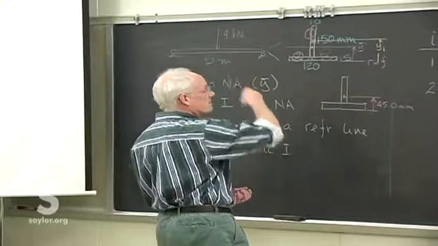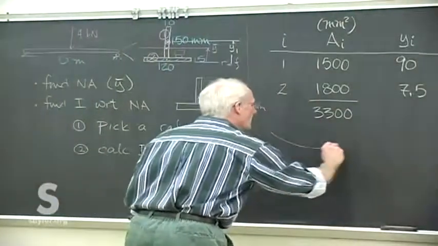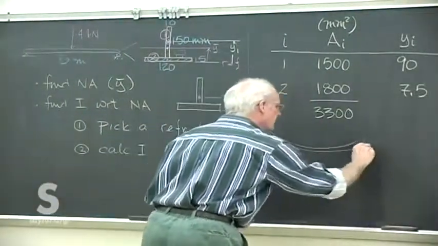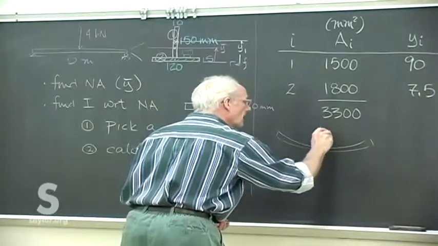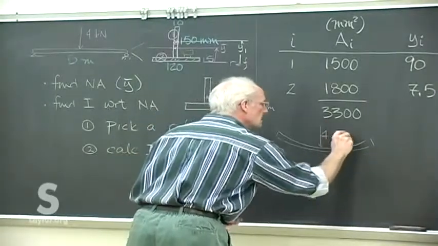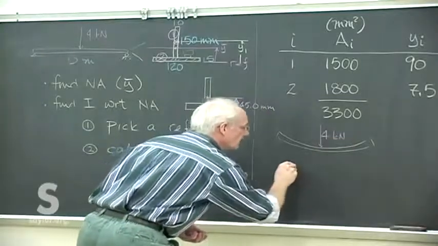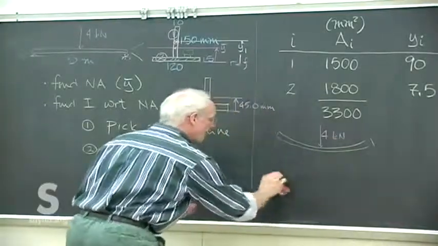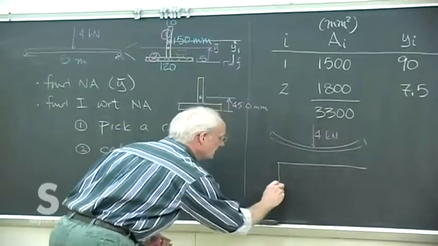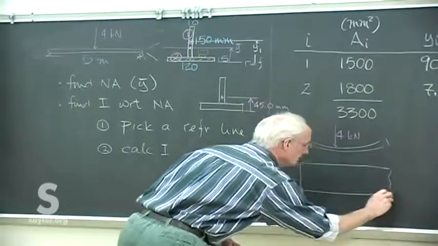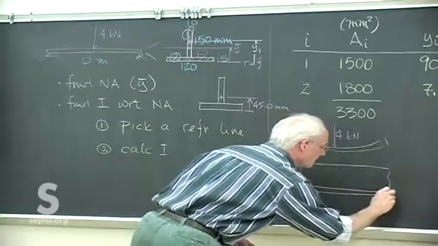So we know that this beam, when bent by that 4 kilonewton load, we know the distribution. So if we look at the beam in cross section, there's that bottom plate.